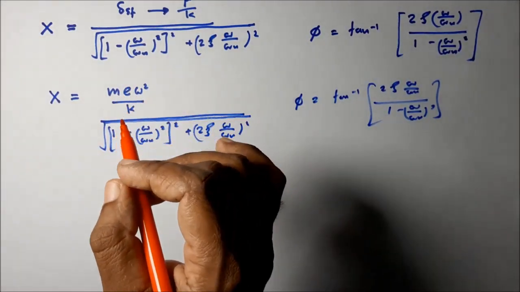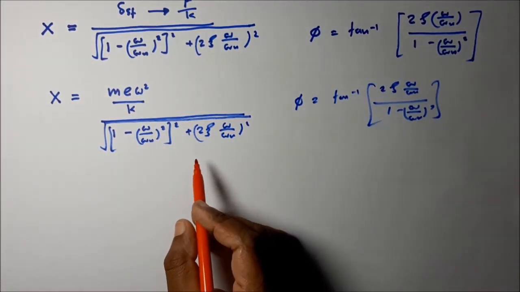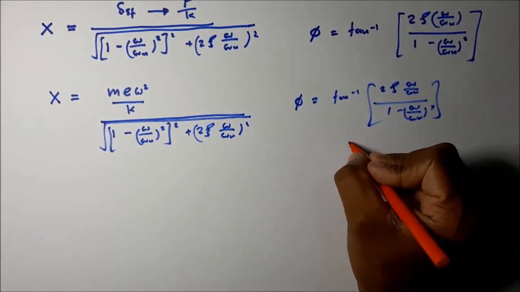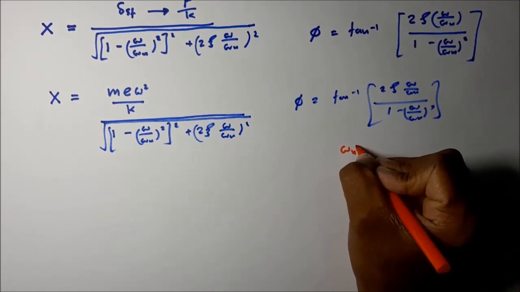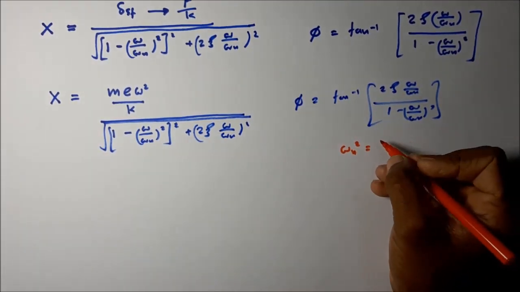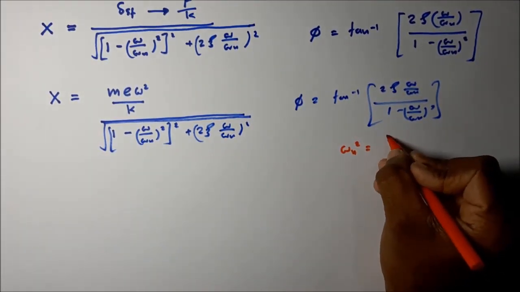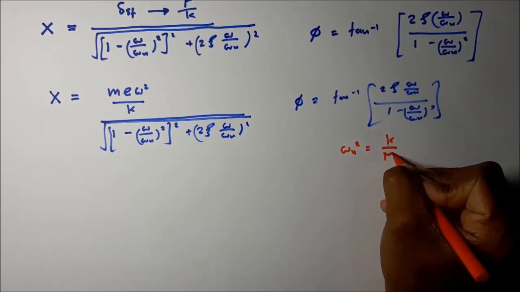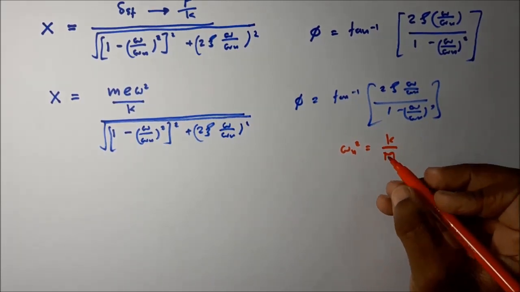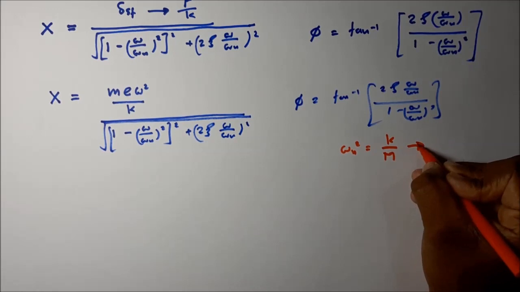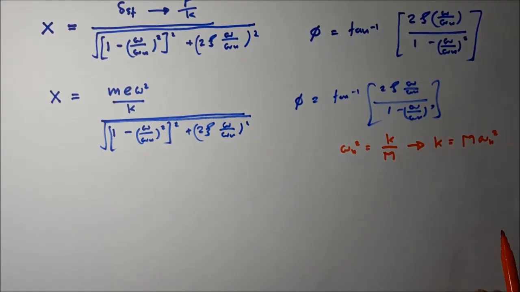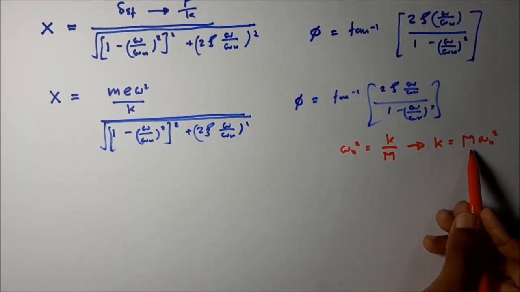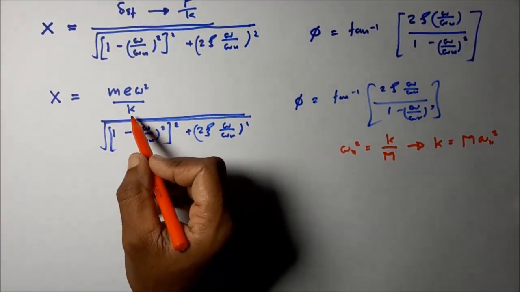Further, we can rearrange this equation. I am going to introduce omega n squared, which is equal to k divided by capital M. So instead of k, I am going to put capital M omega n squared in this equation.